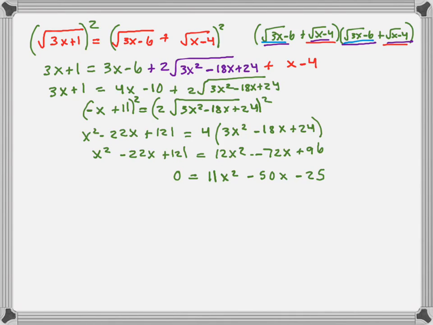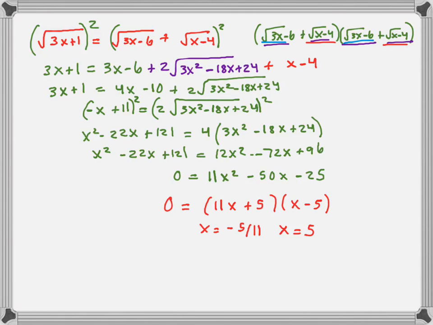Okay, so now at this point, we're going to start FOILing, and it might look like a hard FOILing problem, but if you really do it, it's not that bad. So 0 equals 11x plus 5 times x minus 5, and so then you get x equals negative 5 elevenths, and x equals 5.